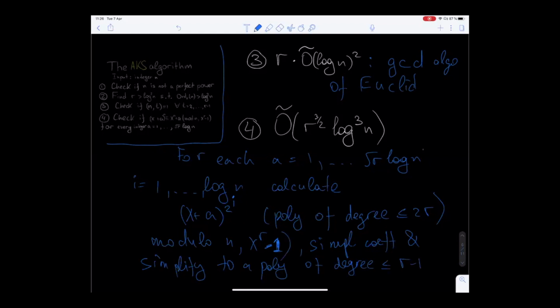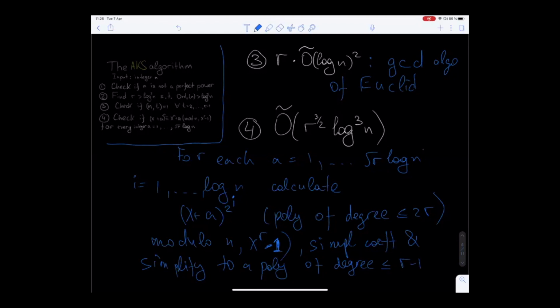In case of modulo x to the r minus 1, it's very simple. We just take powers that are greater than r, and x to the r plus a we just replace by x to the a, because in the space that we live in, when we take things modulo x to the r minus 1, x to the r is 1, so x to the r plus a is x to the a.